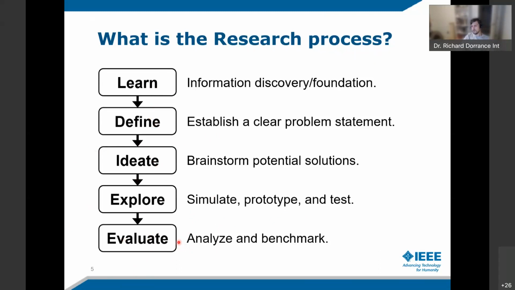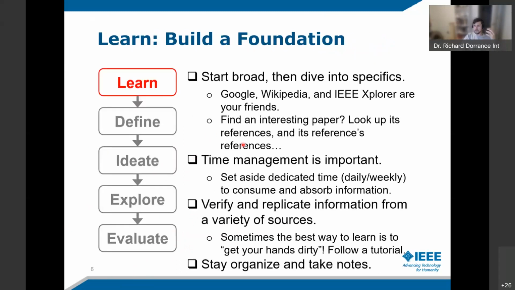So stepping through the first process, learning, building that foundation of knowledge, you really want to start broad. If you're going to jump into a new topic, say you want to start tackling a problem about data converters because you're very interested in it, but you maybe don't have that good of a background.